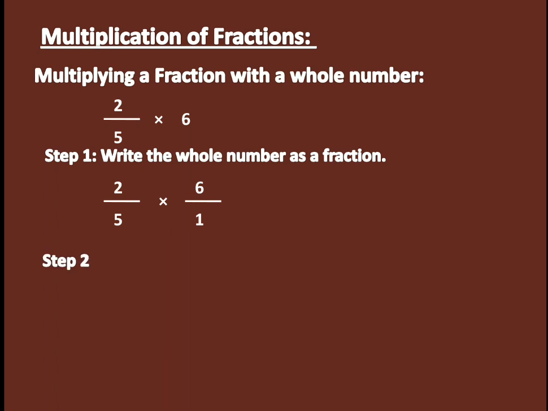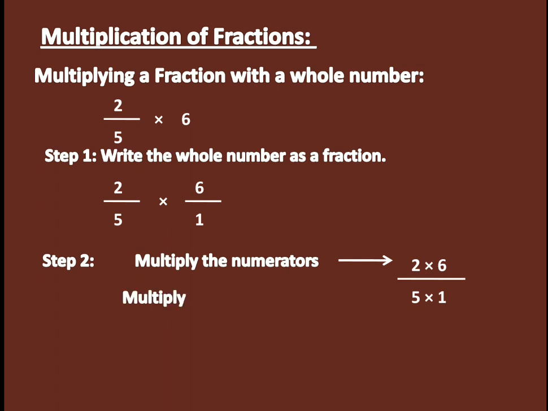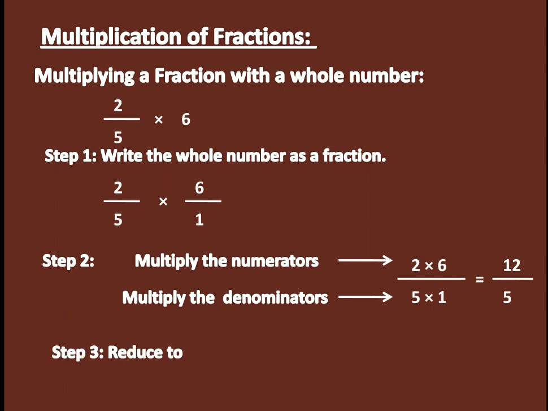Step 2, multiply the numerator 2 into 6 and multiply the denominator 5 into 1. Is equal to 12 by 5. Now next step, step 3. Reduce to the lowest fraction if required.